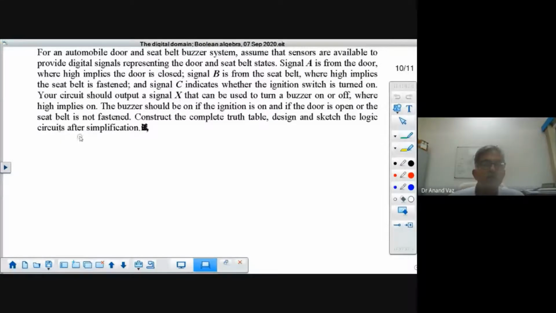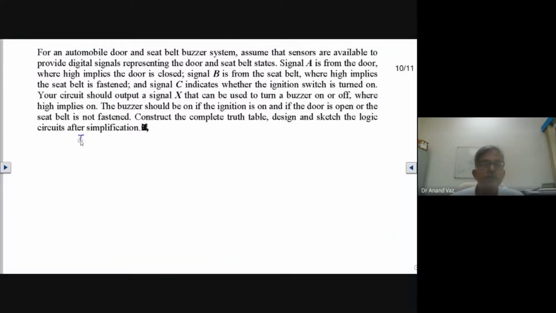So we have inputs here, and in these inputs we have the door, then we have the seat belt.